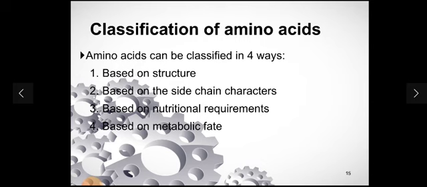Remember that the side chain is the R group. Three, we can classify amino acids based on their nutritional requirements, whether we get them from diet or not. And also we can classify amino acids based on their metabolic fate.